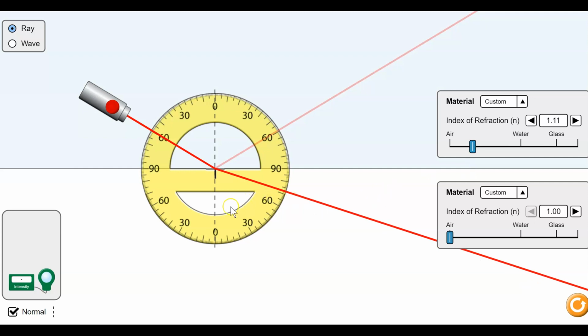The incident angle is still 60, but this angle has grown to about 72 or 73 degrees. So once again, you get bending away from the normal when you go from a higher index of refraction to a lower index of refraction.